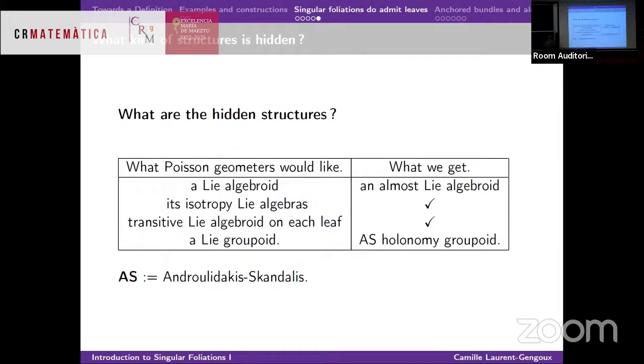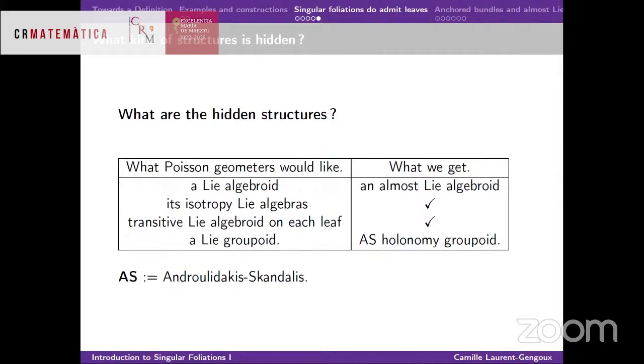The good point with Lie algebroids is that if I take a leaf, it restricts to, I mean, there is more than that. Not only is there a Lie algebra at each point, the kernel of rho, but if you restrict to a leaf, you get a transitive Lie algebroid. Why am I saying that? It's because for singular foliations, it's going to work in exactly the same way. On each leaf, you are going to have a transitive Lie algebroid called the holonomy Lie algebroid.